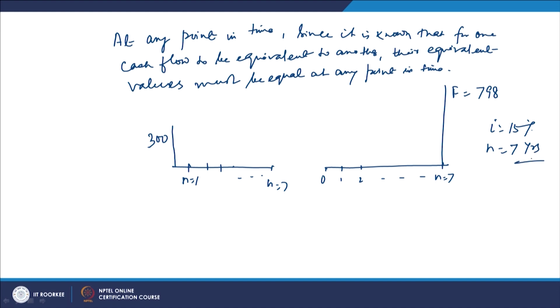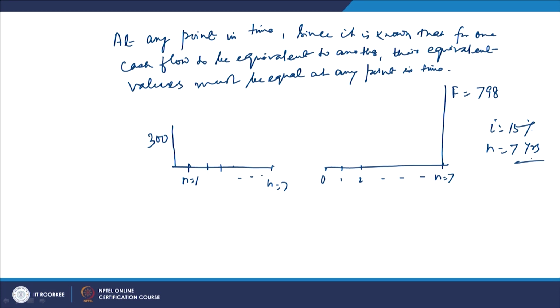So, this principle tells us that if you try to find the equivalent value at any point for these two cash flows, they must be equal at any point of time. Suppose you extend this to a particular time, say n equal to 10.